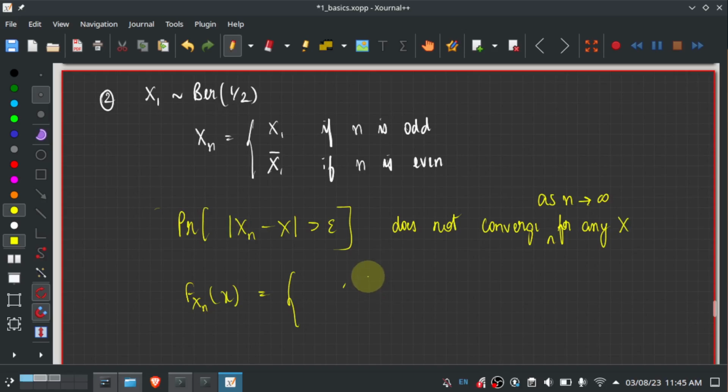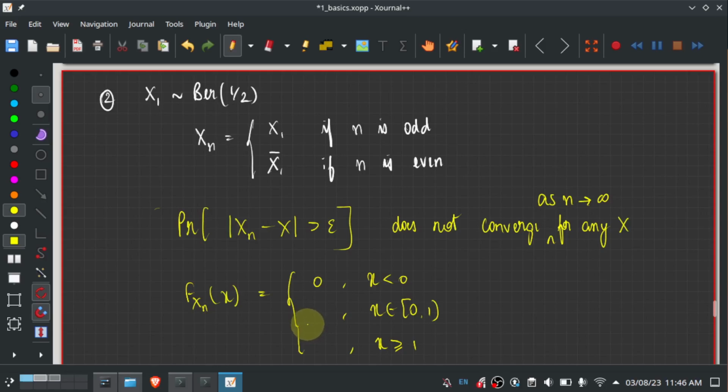So the CDF can only take 3 different values: for x less than 0, for x in 0 to 1, and for x greater than 1. So what is the CDF for x less than 0 for any n? 0. Okay.